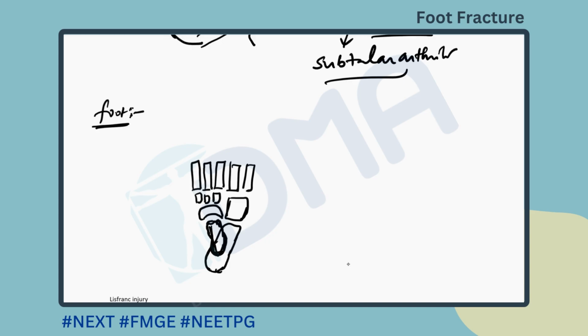The line running through the tarso-metatarsal joint, anything anterior to it will be forefoot. And the line running between the talus, calcaneum and the rest of it forms the midfoot. Talus and calcaneum form the hindfoot.